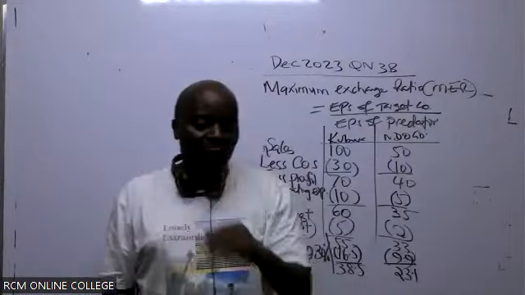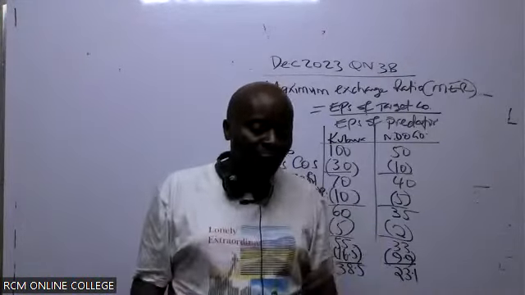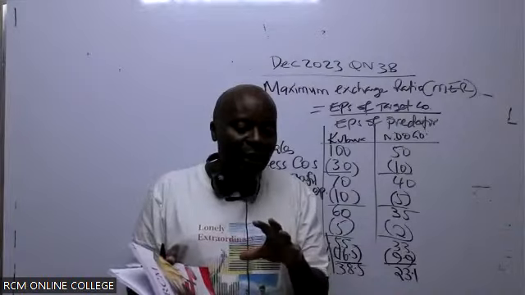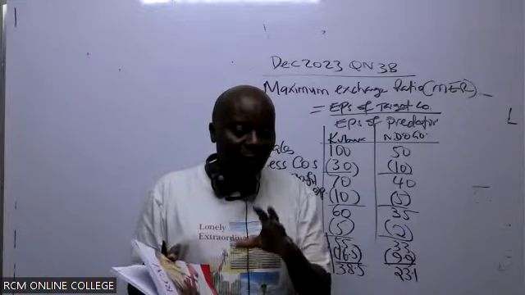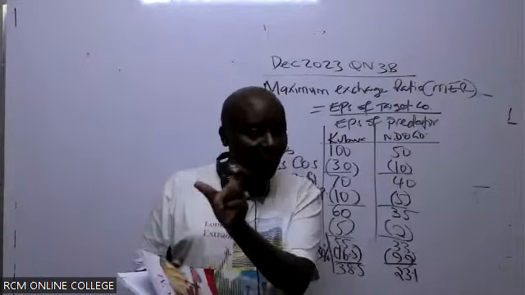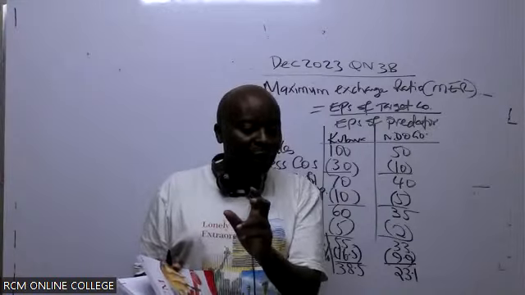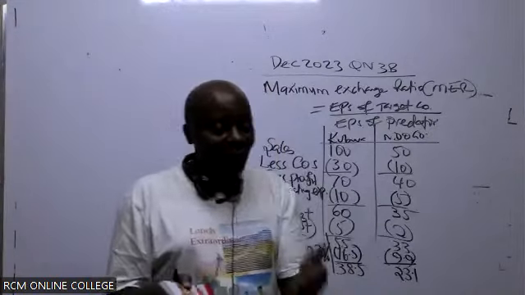You're given share capital in shillings, and then you have par value somewhere. Par value could also be captured in form of brackets. How will you be able to get number of ordinary shares? You take share capital, you divide by par value.